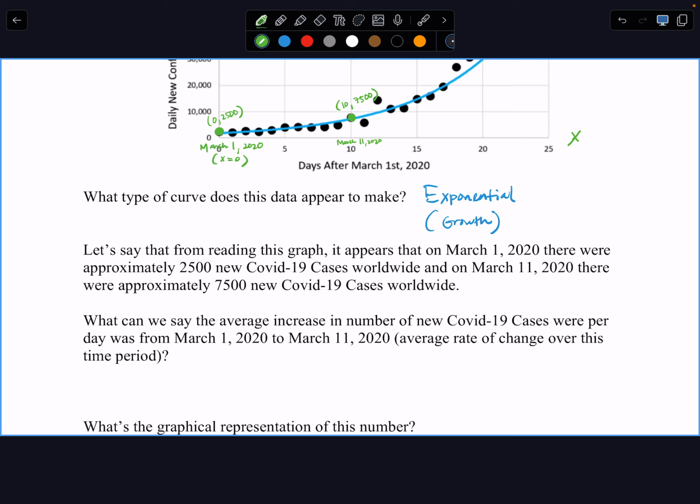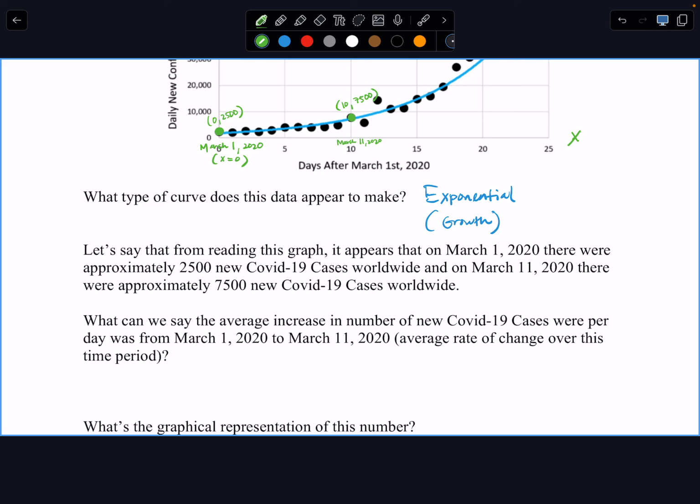Perfect. Okay. So with your grouping or your pairing, you're going to answer this question. What can we say the average increase in number of new COVID-19 cases was per day from March 1st, 2020 to March 11th, 2020?